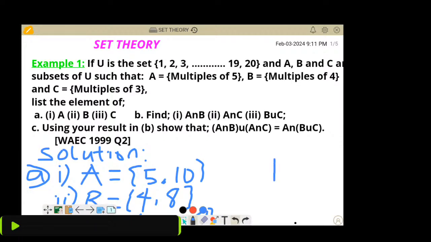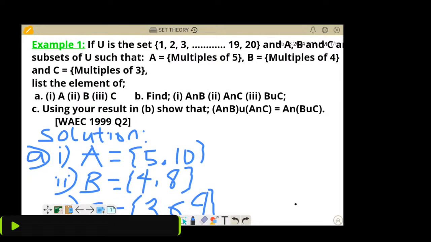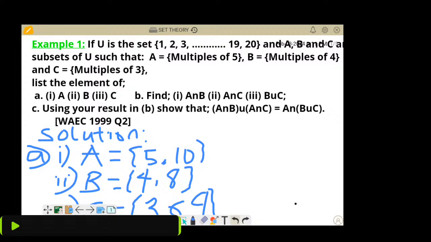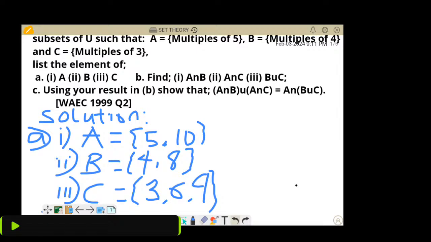We'll go through A again. U is a set of numbers between 1 to 20, not 1 to 10, so that we'll have reasonable values. It means our A here, which is multiples of 5, we still have some other values like 15, and 20 itself is a multiple of 5.